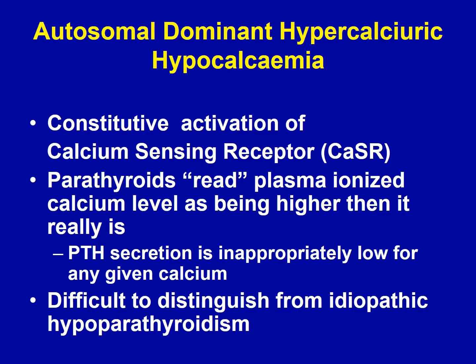So parathyroid hormone production is low and calcium falls, but the cells are still sensing a higher level than is actually present. So it gives the combination of a low calcium and an inappropriately low parathyroid hormone level. So effectively hypoparathyroidism. It's difficult to distinguish from idiopathic hypoparathyroidism, but here the family history and, if necessary, genotyping of the calcium sensing receptor gives the diagnosis.